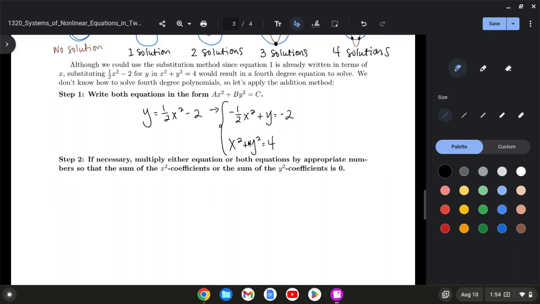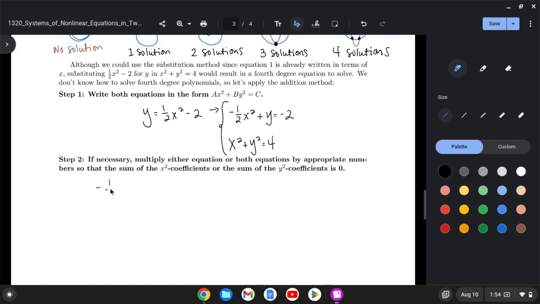That's because if you'll notice in our equations, we have a y to the first power and a y squared. So it's going to be really hard to eliminate those unless you're going to be multiplying by a y somewhere or square rooting. So it's easiest, since our x's are both to the second power, to just eliminate our x variables.